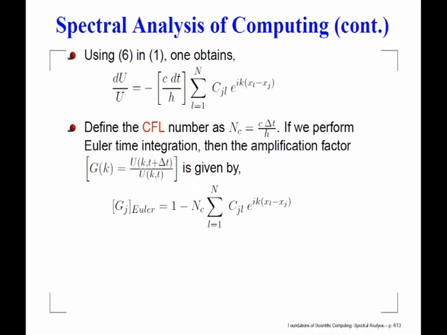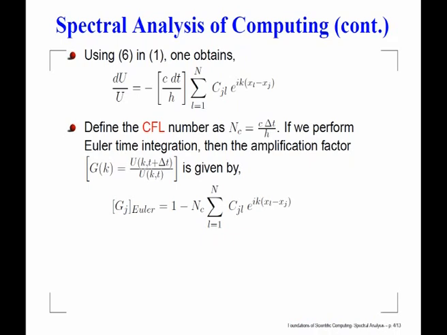So, just simply remember it as a CFL number. What it basically tells you is a kind of non-dimensional quantity N_c, which we will write, and we will see that this is a fundamental independent variable that determines the property of the method.